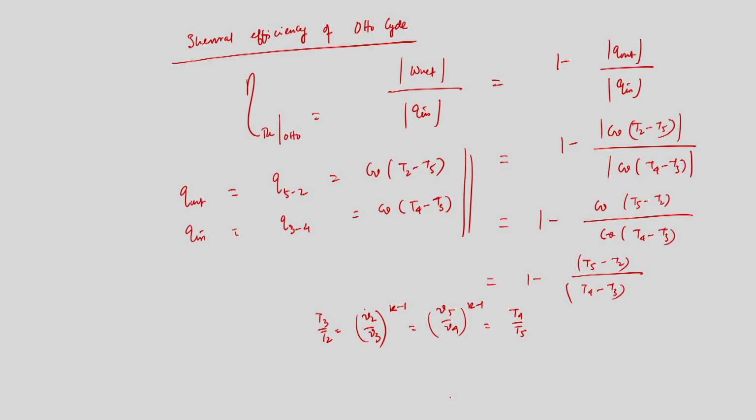So, from the PV diagram we can see that T2 by T1 is equal to V2 by V3 to the power K minus 1, where V2 is equal to V5 and V3 is equal to V4.